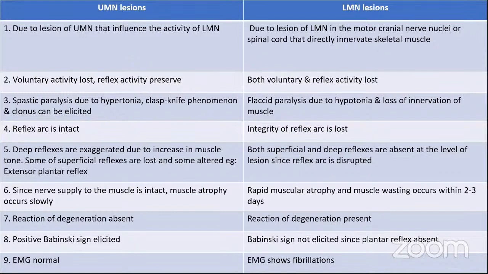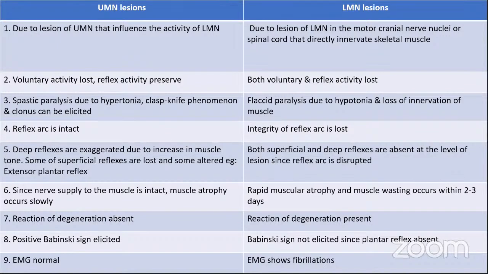Next is flaccid paralysis due to hypotonia and loss of innervation of muscle. So that is a feature of the lower motor neuron lesion. Next is integrity of the reflex arc.